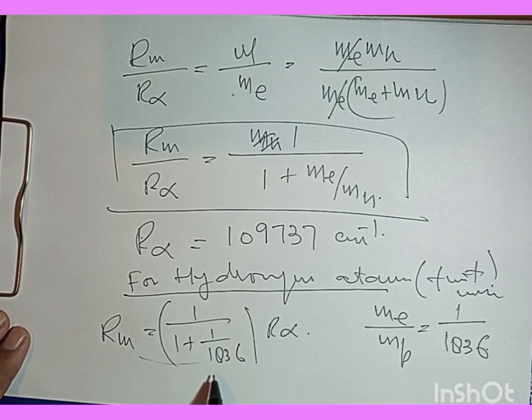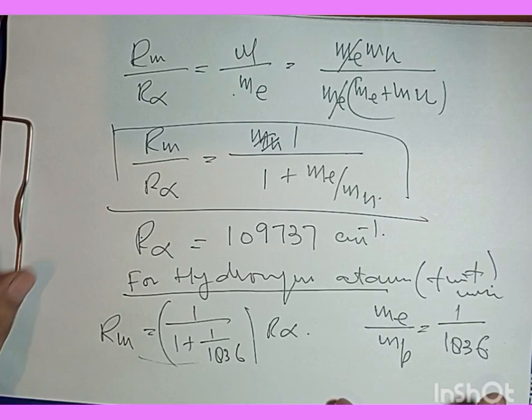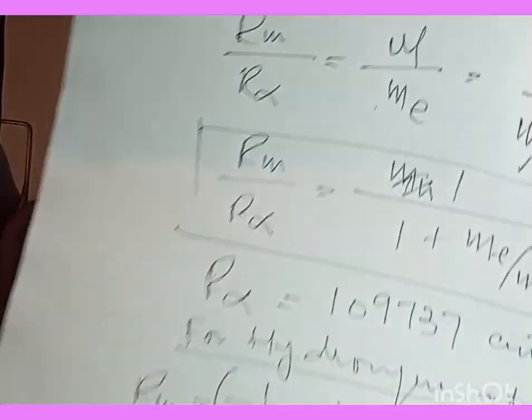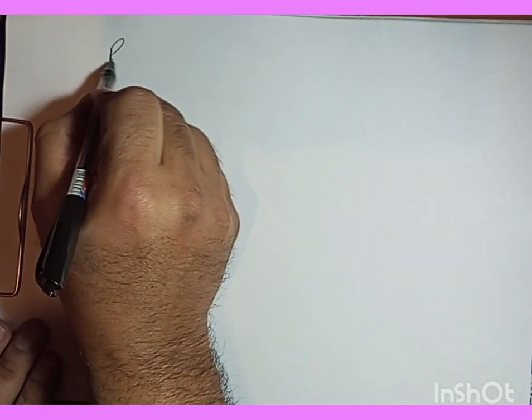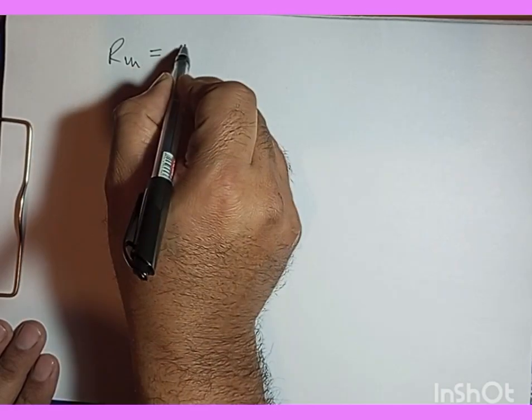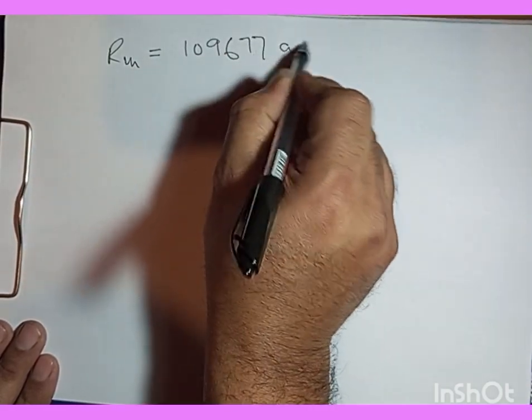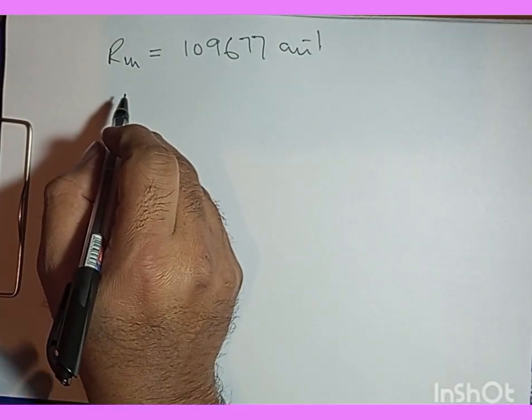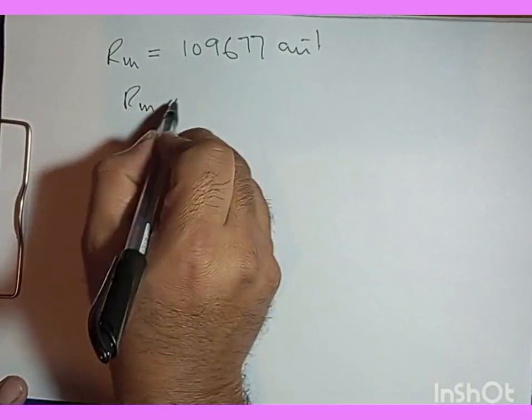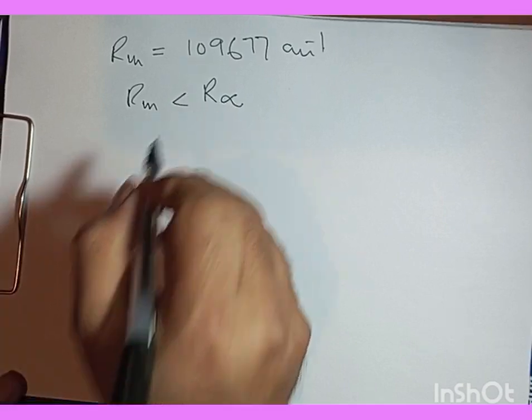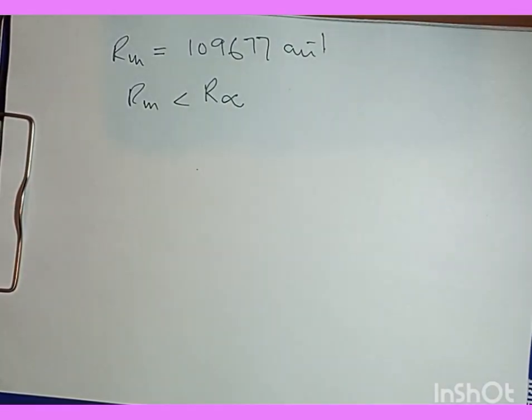When we boil down these numbers, we get Rm comes out to be 109677 centimeter inverse. So what we see here is that this Rm is less than R infinity. So the value of the Rydberg constant that we have is less than R infinity.